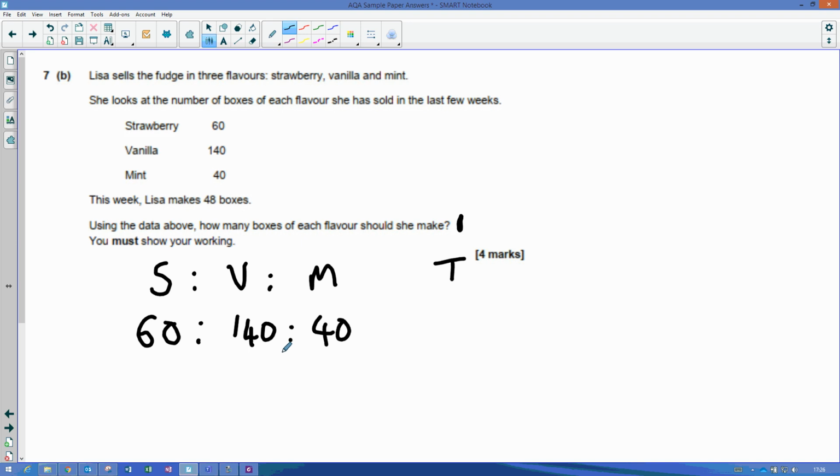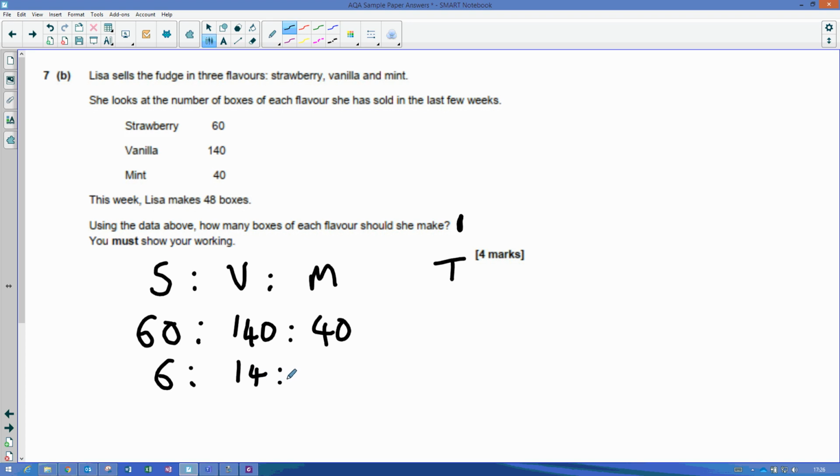And just like fractions, you can simplify a ratio. And you do it very much the same way. You divide all the numbers in your ratio by the same number. So we want a number that goes into 60, 140 and 40. And because they all end in 0, I can see straight away that 10 goes into them all. So I'm going to divide all my numbers by 10.